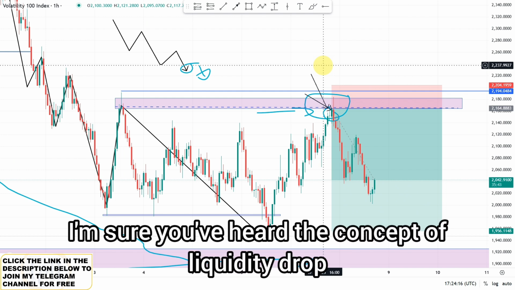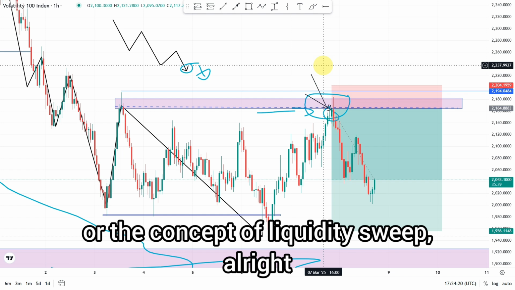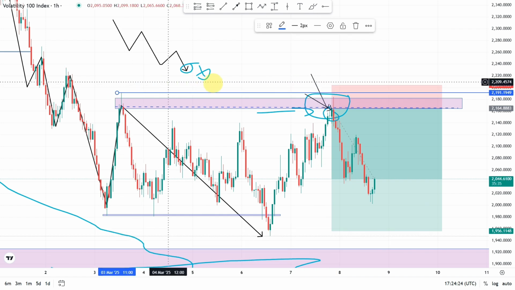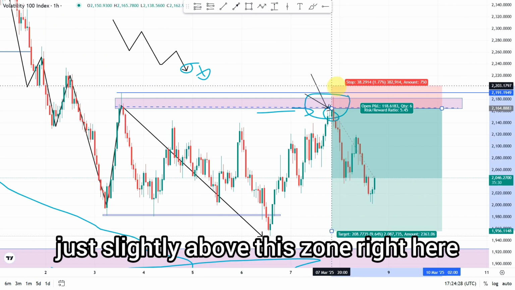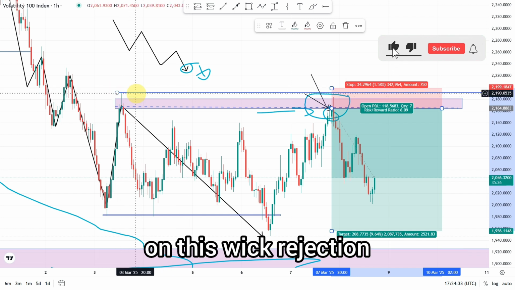I'm sure you've heard the concept of liquidity grab or liquidity sweep. All right. So in order to be safe, we said, okay, our stop loss is going to be just slightly above this zone right here on this weak rejection.